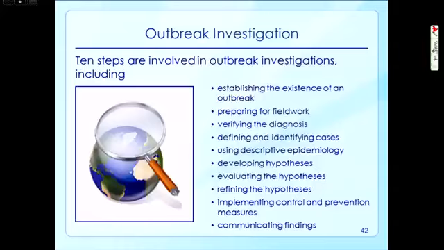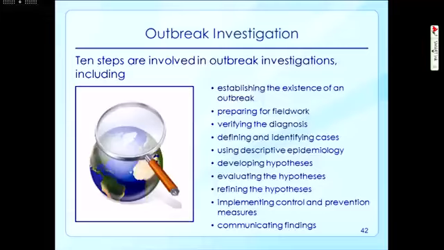These steps include establishing the existence of an outbreak, preparing for field work, verifying the diagnosis, defining and identifying cases, using descriptive epidemiology, developing, evaluating, and then refining hypotheses, implementing control and prevention measures, and finally, communicating findings.